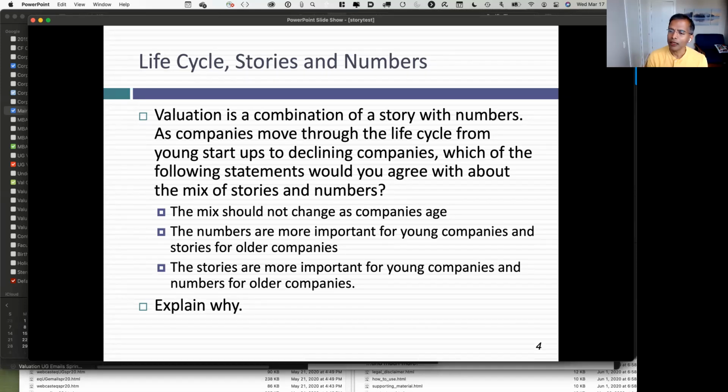And in 1990, you know what companies people valued in public markets? Usually mature companies making money. So my valuation book is all about numbers because you could get away taking numbers, doing ratios, doing all kinds of great stuff. But in the late 90s, I ran into a problem, which is I was asked to value Amazon. I took my own book and I tried to apply it, and it wasn't working.